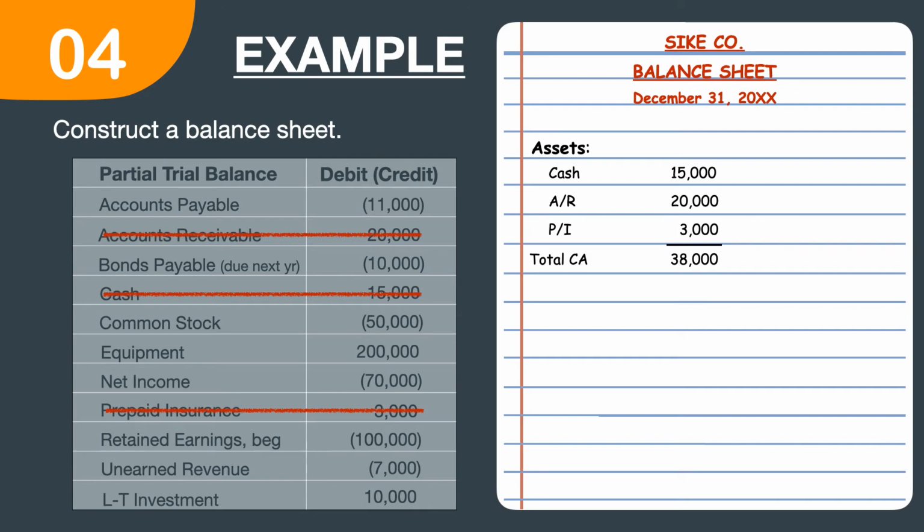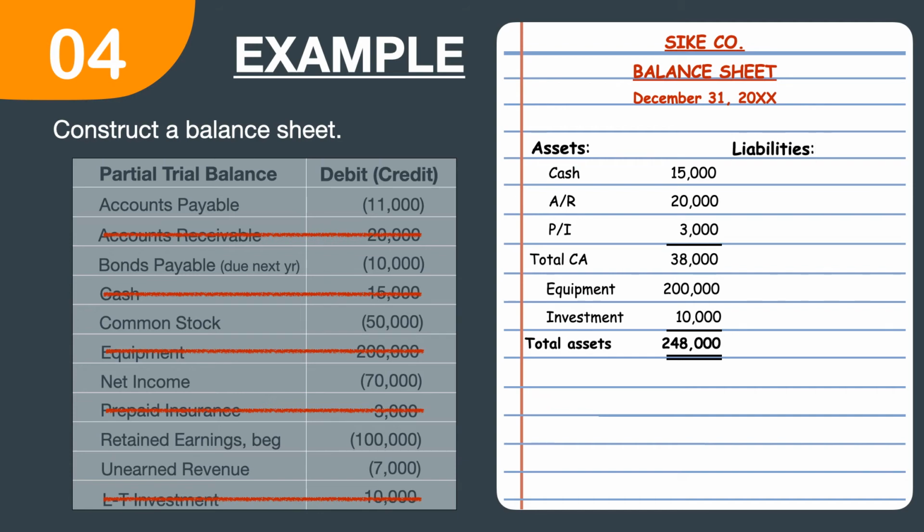Now let's add in the non-current assets. We see we have equipment for 200, and we also have a long-term investment of $10,000. Adding those up, we have our total assets for $248,000. Let's move on to liabilities, in order of maturity. Okay, so we see we have accounts payable of 11.